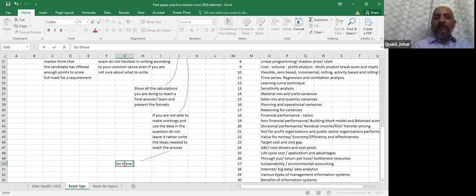Do these types in the last few minutes of your exam, so that you first get the most comfortable, the most certain marks, right, that you know.